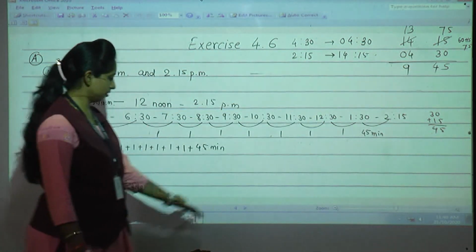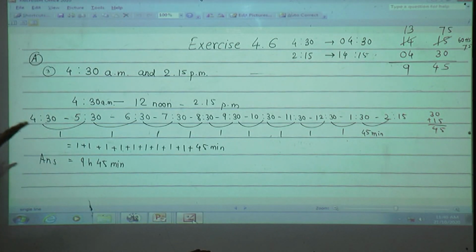See the answer? Same, 9 hours 45 minutes. Clear? Understood? Very good. Now we will solve our B question.